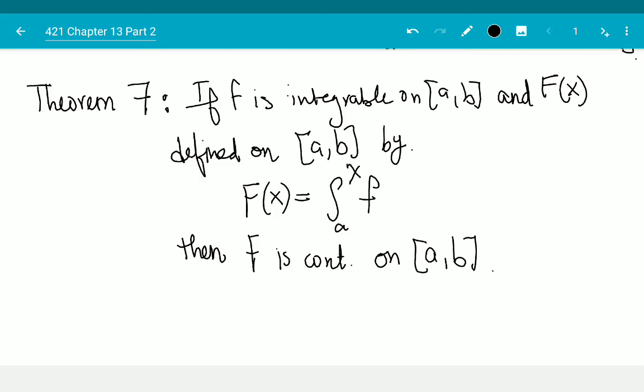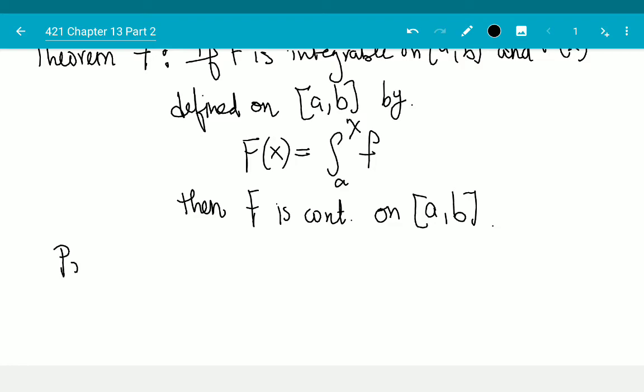We'll later on see what is special about this function capital F. But right now, we're only going to say it is continuous. Okay, so how do we prove this?